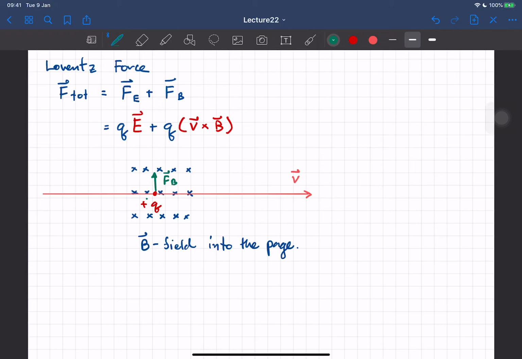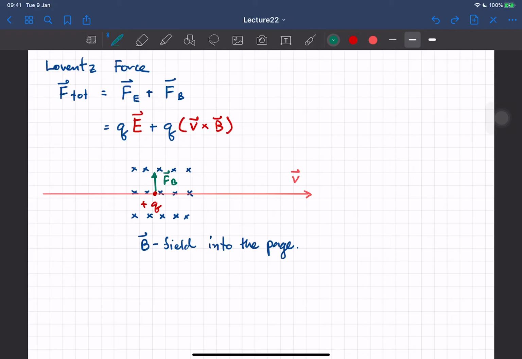If the charge here is negative, then F_B will have a negative sign, so it will go down. That's the only difference. So it's not too complicated if you have opposite polarity of charge. But anyway, if you have just the magnetic field, the particle will experience a vertical force, in other words, force pointing up.